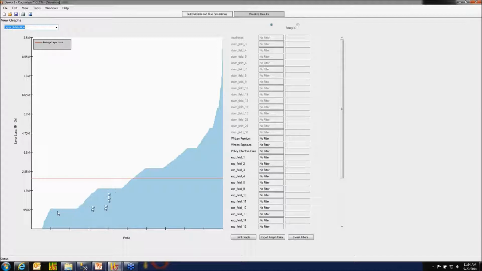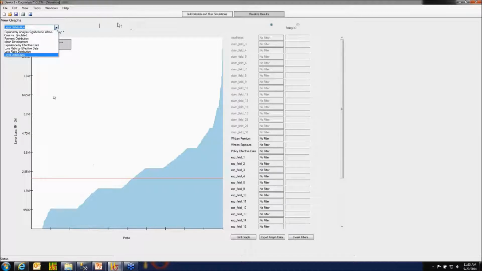Here you're seeing that where you've got plateaus at 1 million, 2 million, 3 million, 4 million. You've got an average certainly for this, and you've got some probability that also there's no loss at all in that layer. But the idea then of being able to look at this information by accident period, by layer, and by any sort of cut of the business you might be interested in, I think you'll start to get the idea of how powerful this really is.